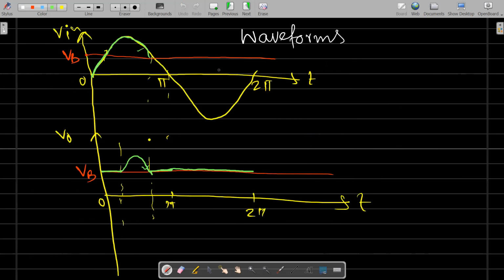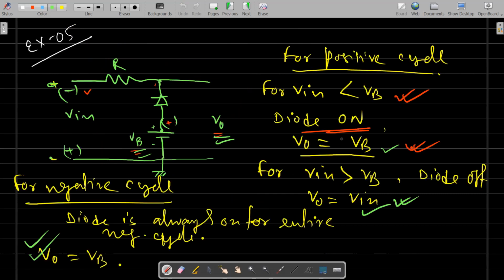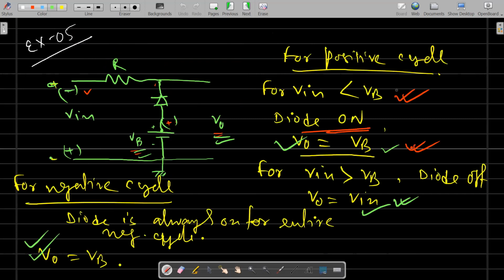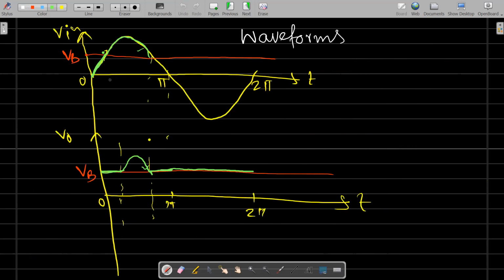As long as this one is below VB, this will be VB. As per our analysis, V0 is VB. And for the second case, when Vin just crosses VB, V0 equals Vin. So for this part, Vin is greater than VB, so V0 equals Vin; input and output are the same.